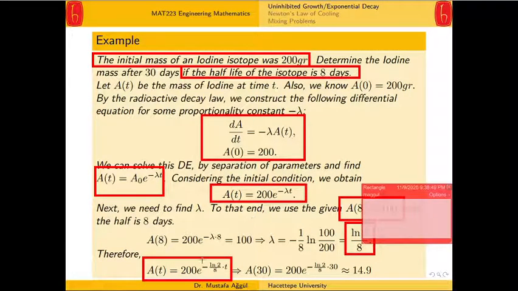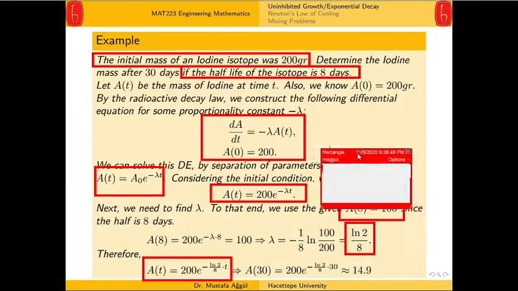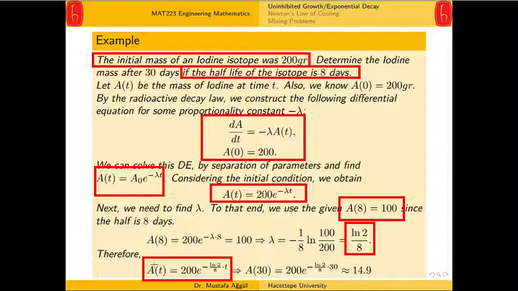Now we can substitute this lambda value in the equation here. Then if we substitute the lambda value there, we will see this is our solution. So for any given time t, we can find the amount of iodine.